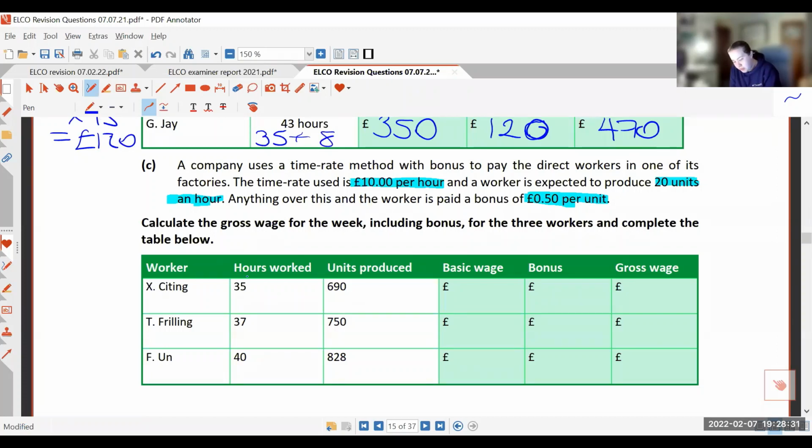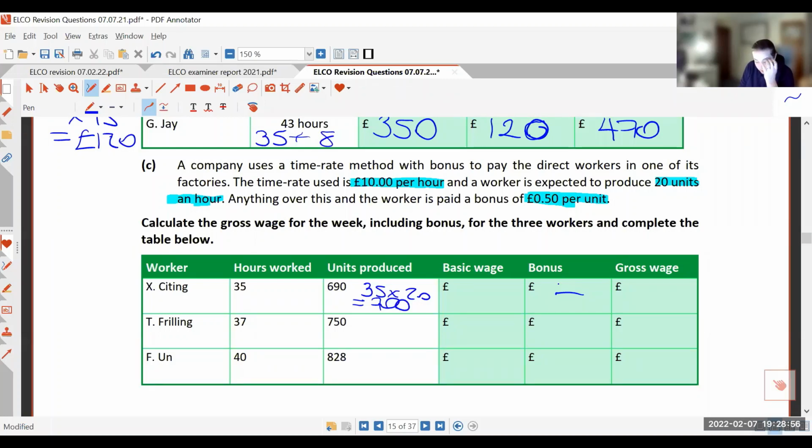So for 35 hours at 20 units an hour, they need to produce a minimum of 700. They've only produced 690, so they aren't getting a bonus because they haven't met the minimum requirement.